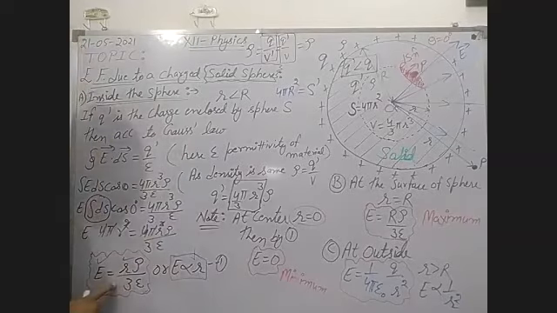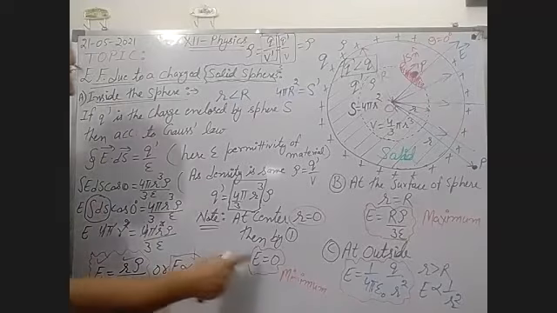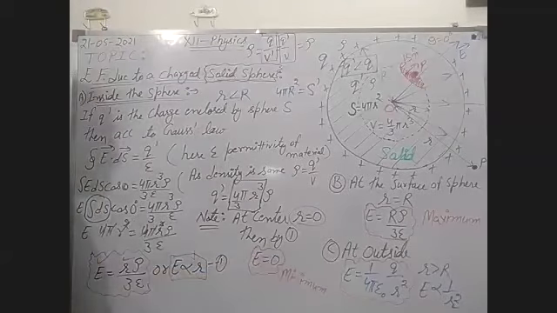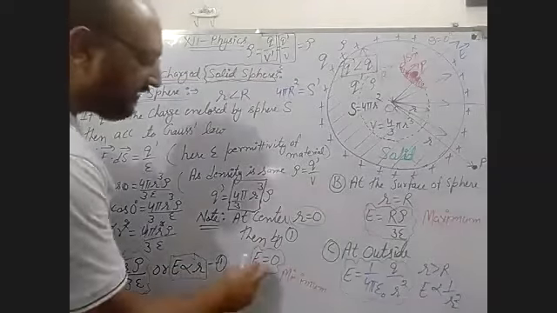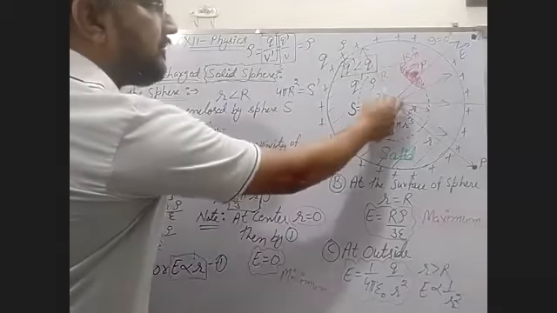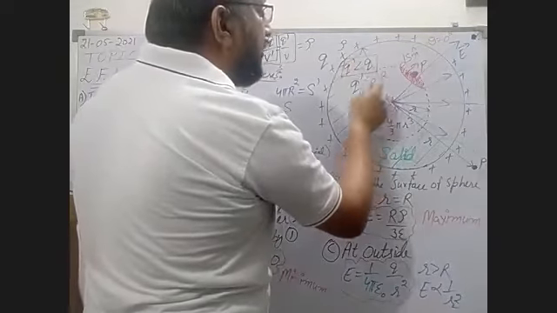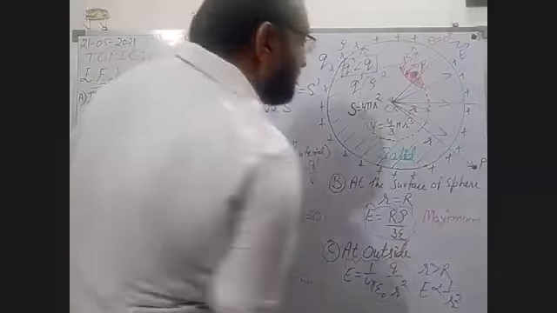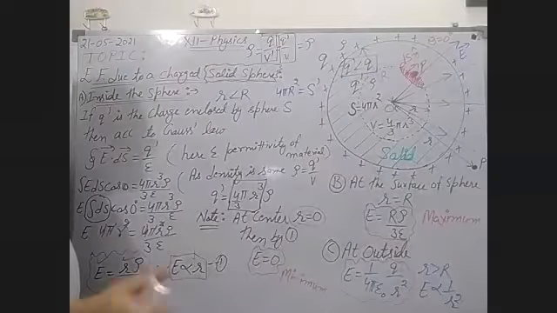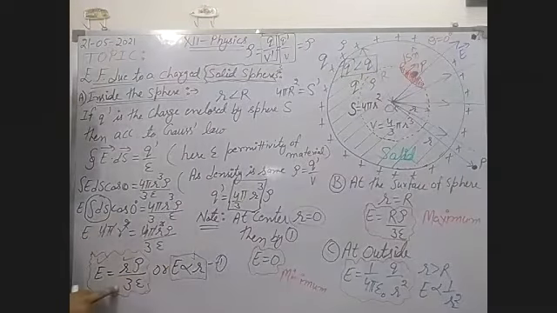This one. In this formula, if r is 0, then E is again 0. So it is clear that at the center E is 0, but from the center to the surface, the value of E increases by this relation.